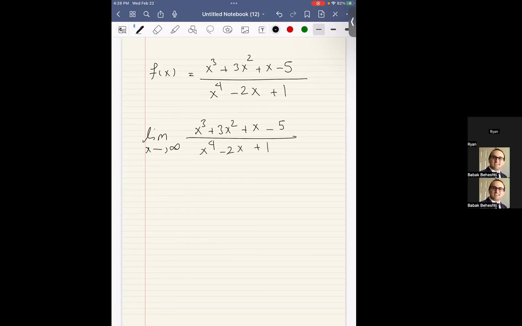So as I said, for a rational function, the best thing to do is to factor out the top term in the denominator and numerator when we want to compute the limit at infinity. On the top, you can factor out x cubed, so it would be x cubed times 1 plus 3 over x plus 1 over x squared minus 5 over x cubed.